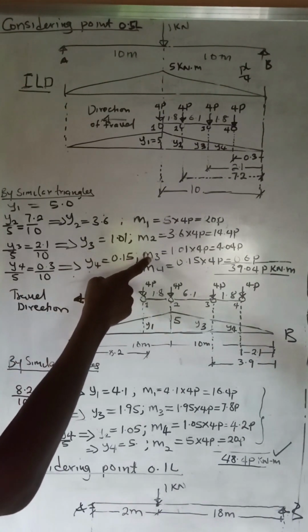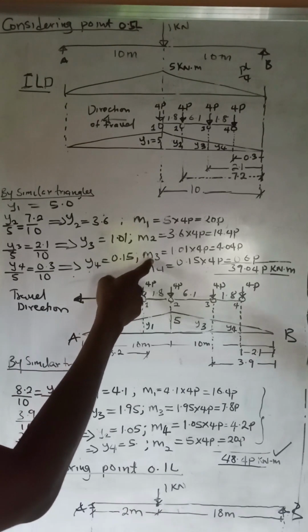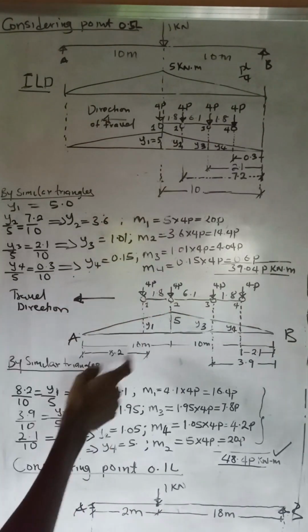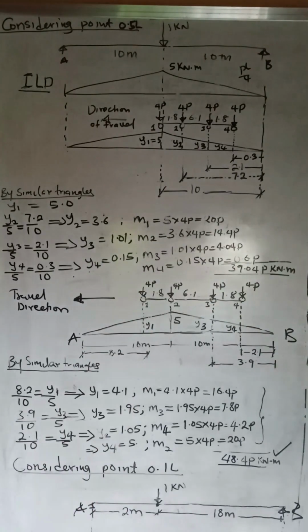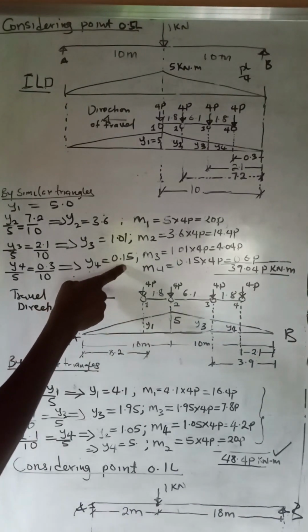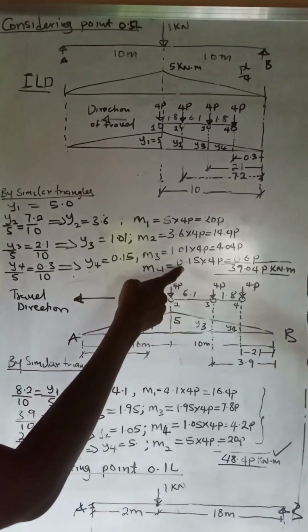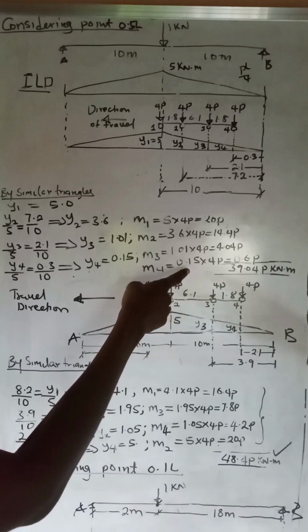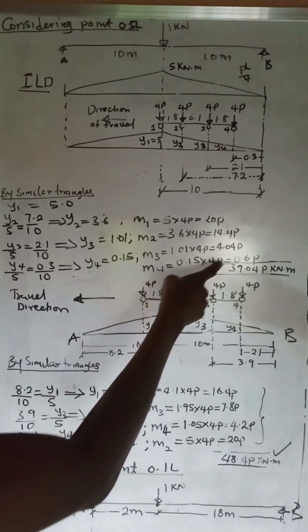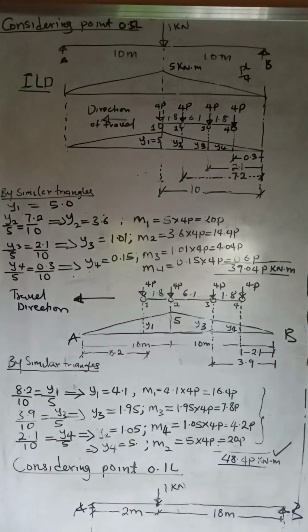So the moment at that point due to the third axle becomes 1.01 times the load at that third axle, which is 4P, gives us 4.04P. The last is the load on the fourth axle. Of course, we know that Y4 from our analysis is 0.15, and the load on this fourth axle becomes 0.15 times 4P, and it gives us 0.6P.